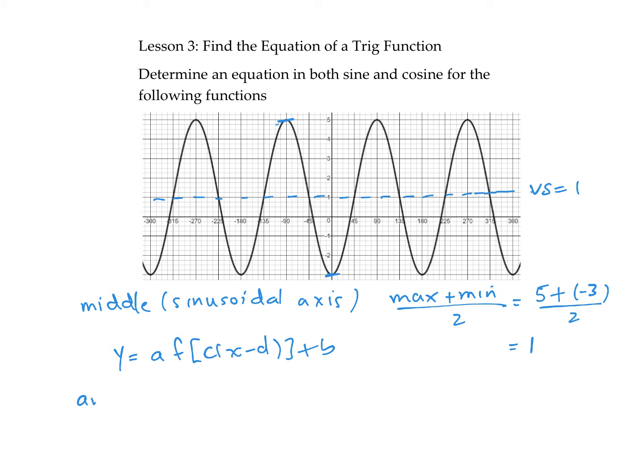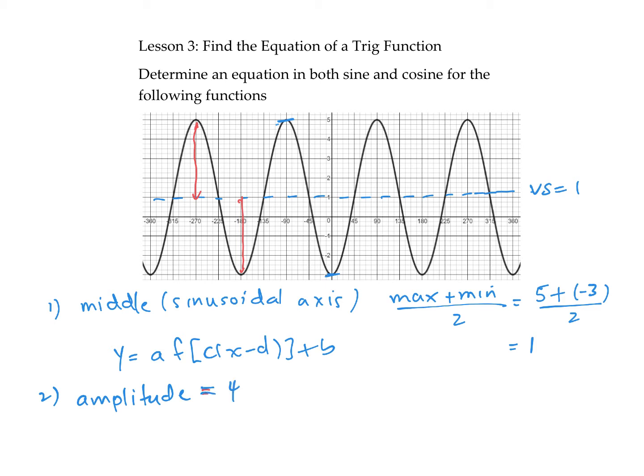The second thing we can now find is the amplitude. You could definitely read the amplitude off the graph. Now that you've drawn in the middle, we could count to find it. Starting at 1, it goes up to 5, which is 4. Starting at 1, it goes down to -3, which is also 4. So the amplitude is 4.